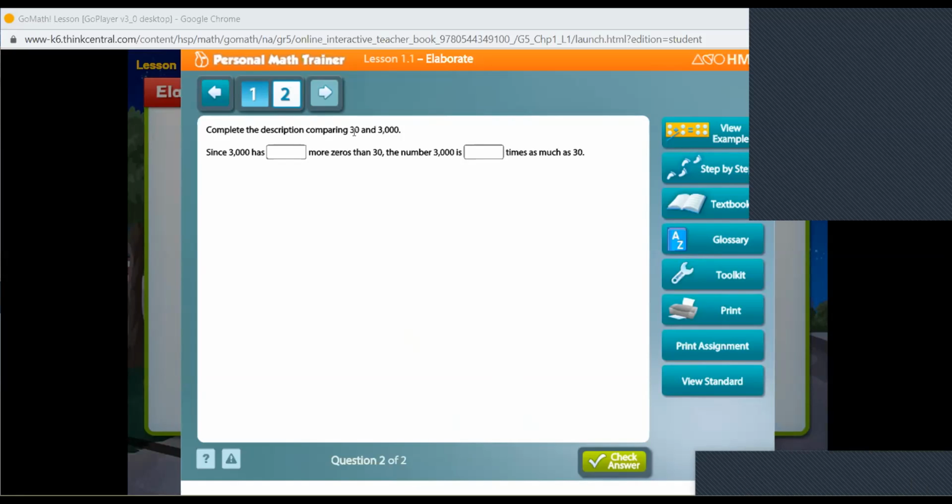Yeah, 1. And 3,000 has 3 zeros. So when you compare, how many more does 3,000 have? Like 30 has 1 zero and 3,000 has 3 zeros.